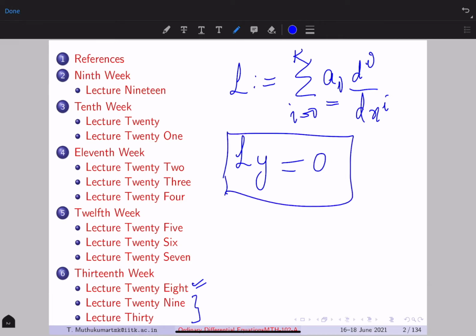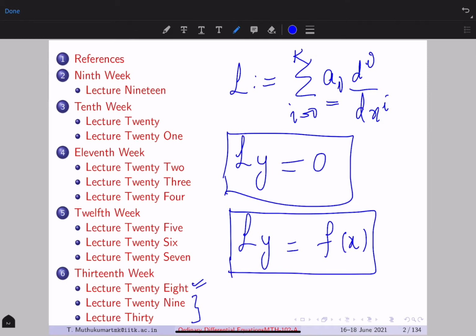In this lecture, what we are going to look at is how to solve non-homogeneous linear kth order differential equations. When f is 0, we dealt with it in the previous lecture. In this lecture, we look at the situation when you may have a non-zero function here. So this is the linear non-homogeneous situation.